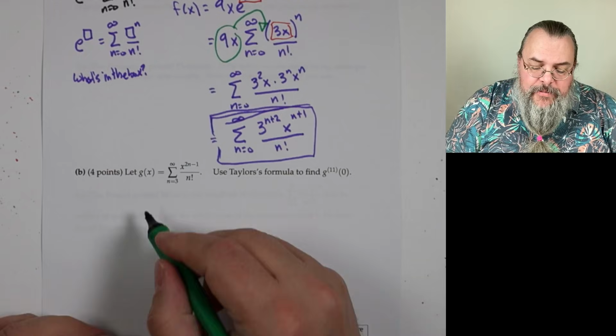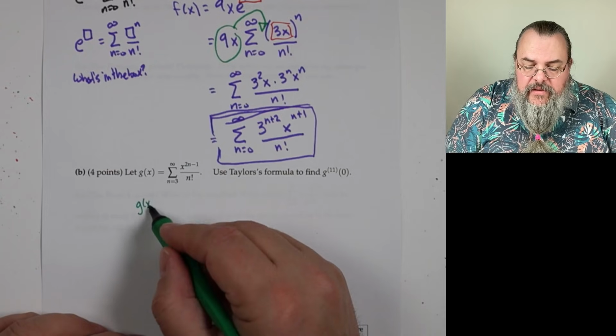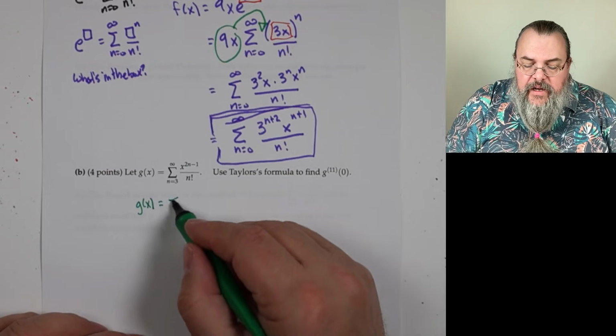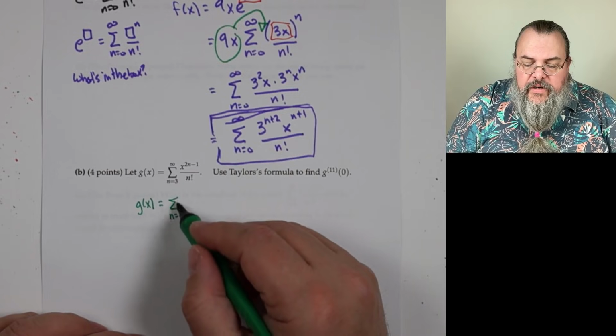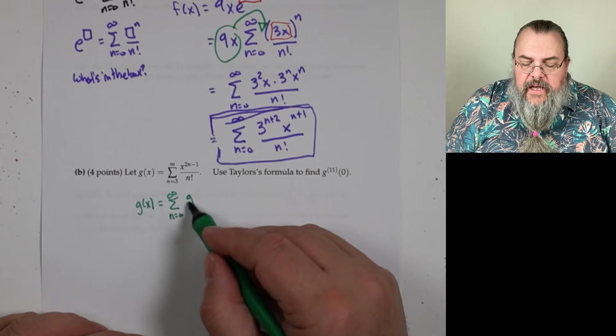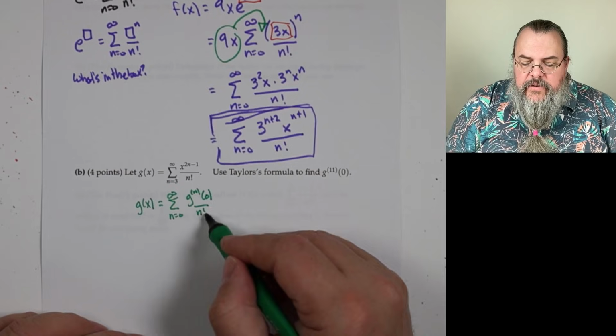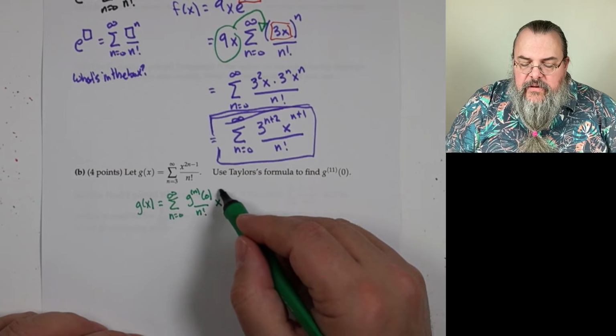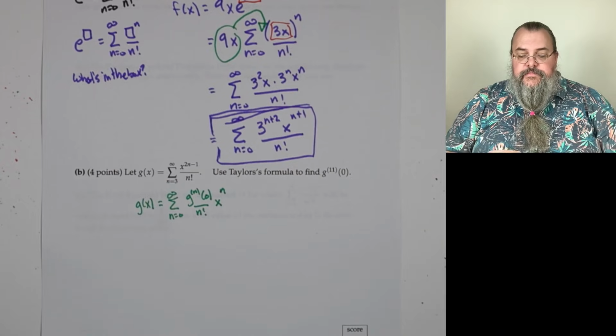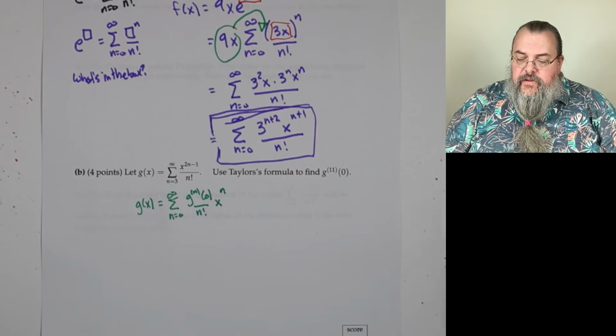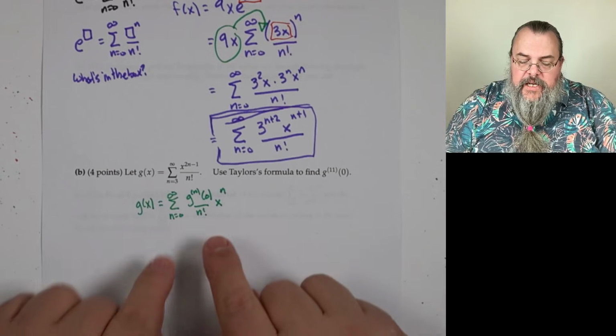Well, Taylor's formula says that g of x looks like the sum, n equals 0 to infinity, of the nth derivative at 0 over n factorial, x to the n. So let's start by looking at this part.